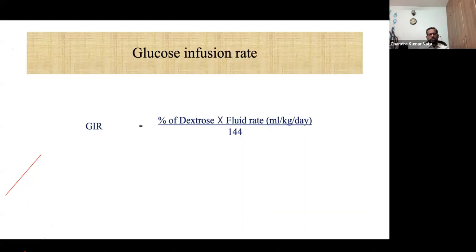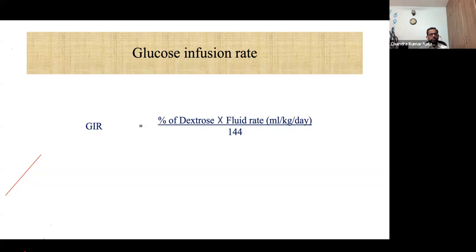So before going into treatment, you should understand what glucose infusion rate is. Glucose infusion rate is how many milligram per kilogram per minute of glucose you are giving. Normally babies would require around 4 to 6 milligram per kg per minute.